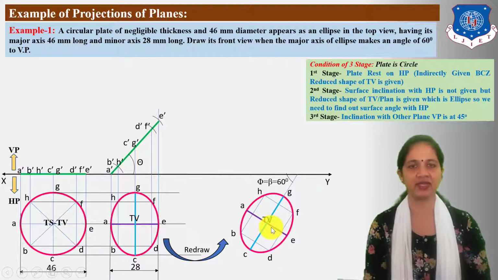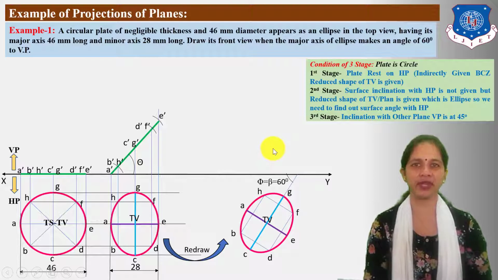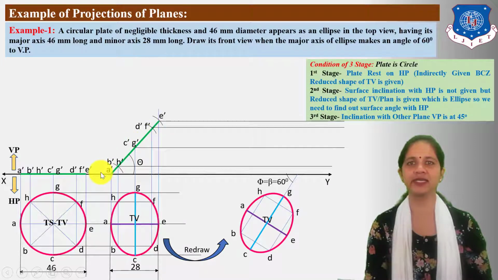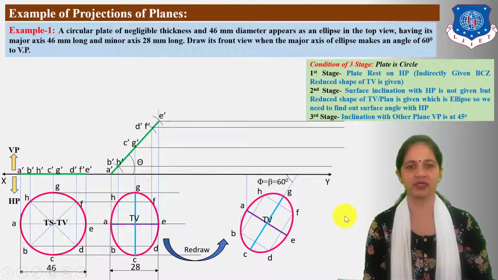Now for the apparent shape in front view, draw horizontal projection lines from all points of the inclined front view and draw vertical projection lines from all points of the inclined top view.